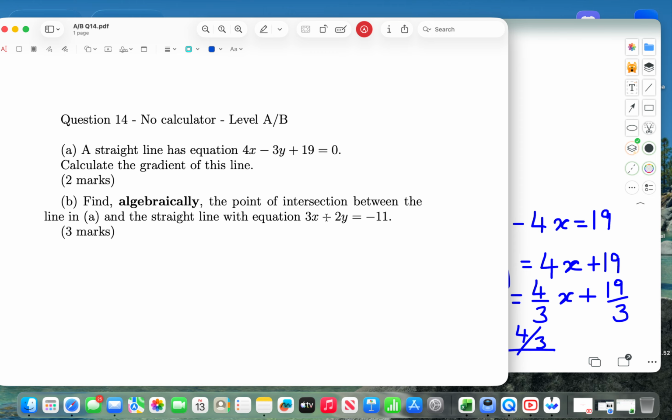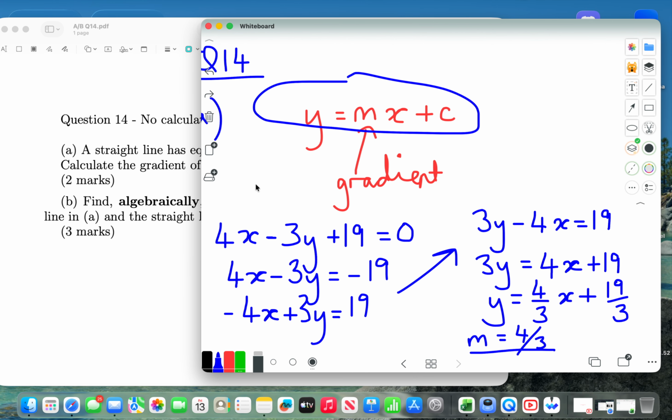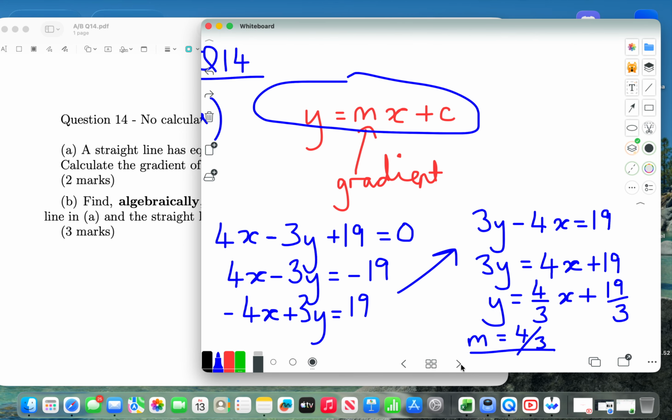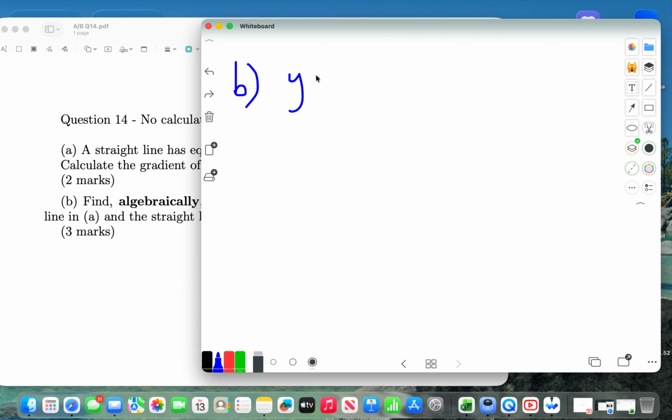But I'm going to show you an easier method to do this. Now we know that y equals 4/3 x plus 19 over 3.